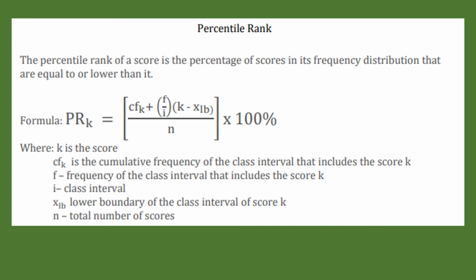Again, K is the score and XLB is the lower boundary of the class interval of score K, over N, which is the total number of scores, times 100. So this is the formula that you will use to find the percentile rank.